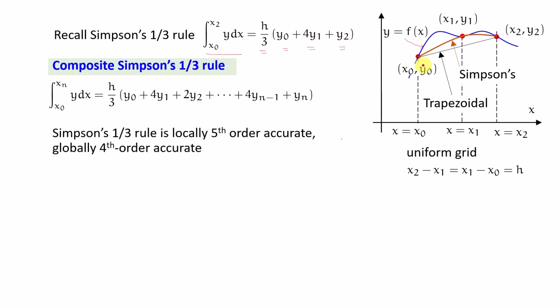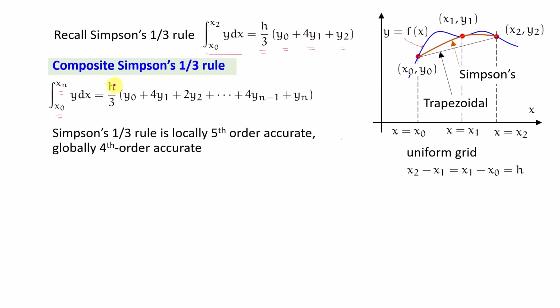Now, in a curve where the integral over x0 to x2 is large, we take the composite Simpson's 1/3 rule, and we take the integral between x0 and xn.